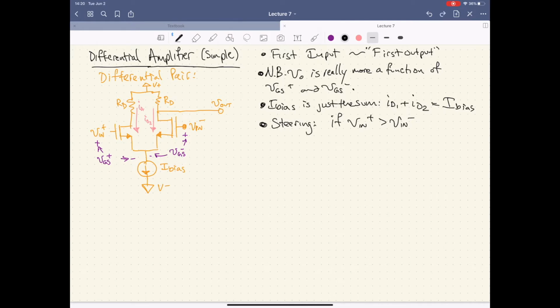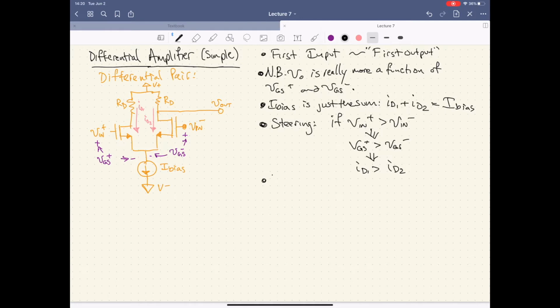So what we end up with, let me write that up here real quick, is that ID1 ends up greater than ID2. From here, we can see that our input voltages are essentially steering the current in our transistors.